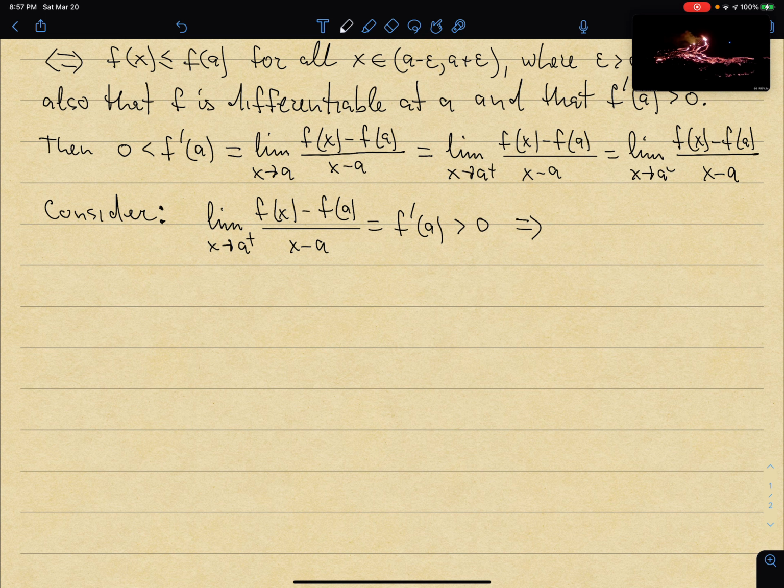So what am I trying to say by the definition of the limit of a function?